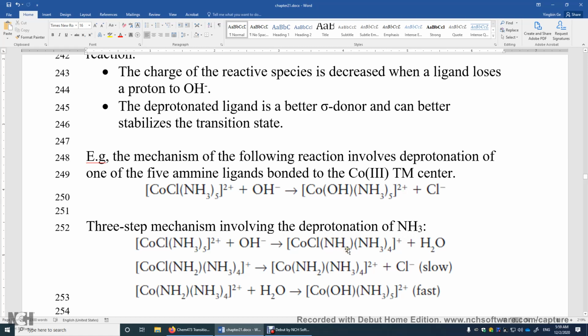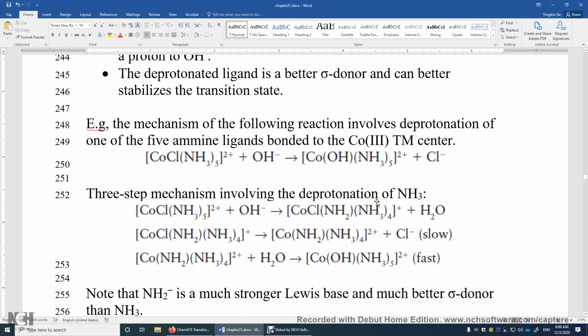And because this NH2- is a much better sigma donor than ammonia, it can help stabilize the transition state of this rate limiting step. In this rate limiting step, this chlorido leaves this cobalt center, and now we name this chloride in the solution. So now this cobalt forms 5 bonds with 5 ligands, 1 fewer bond.